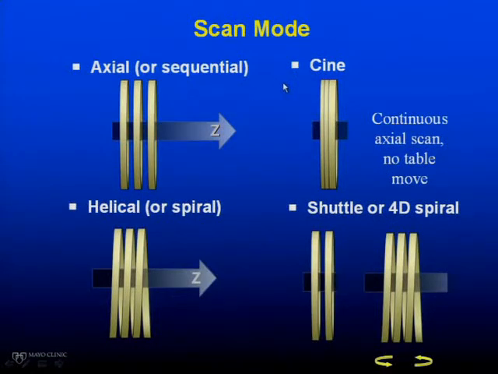These are some of the more frequently used scanning modes: the axial mode, cine mode, helical mode, shuttle, or 4D spiral mode. The axial mode is now much less frequently used than the helical mode, but it still finds some niches in some clinical applications, such as the prospectively gated ECG-gated sequential scan for cardiac scans, because it is more dose efficient than the retrospectively gated helical scan.